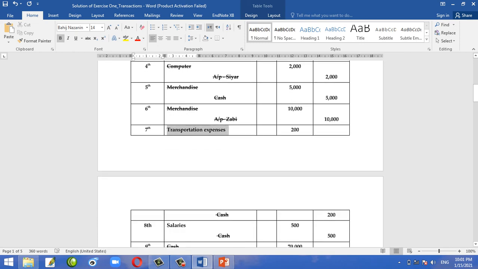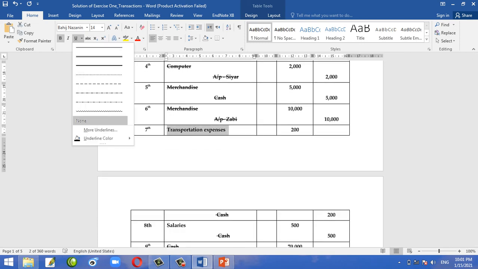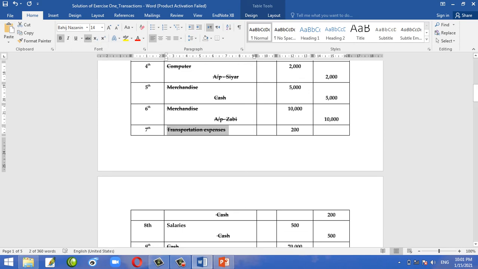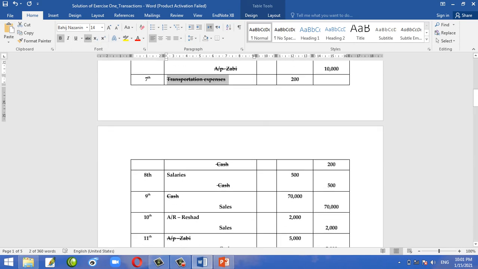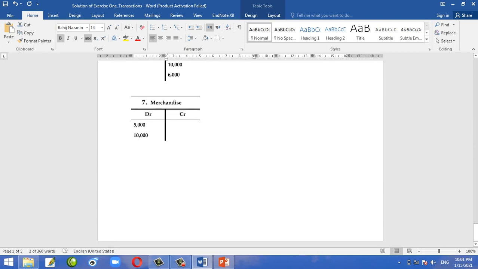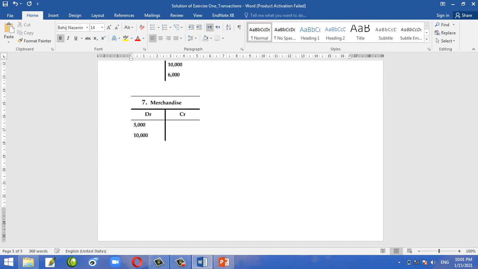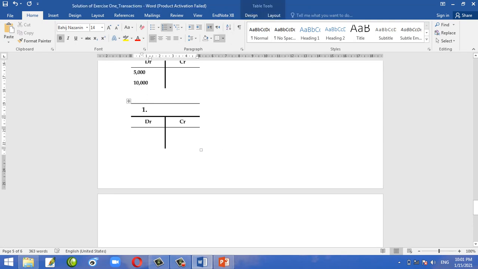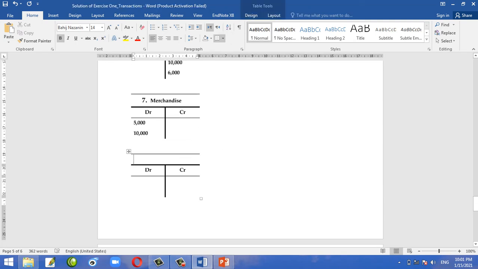So the next account should be transportation expenses, and that is how much? 200 Afghanis as debit. You can create here the next one. That is number 8, transportation expenses.